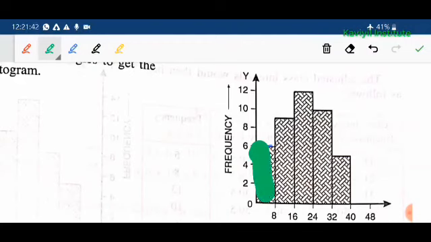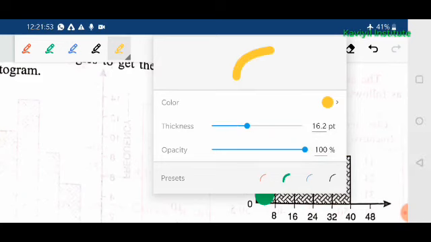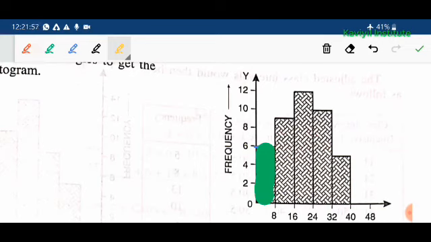A particular class is over, and when it comes to another class, the second one is 9. The speciality you observe: 8, then 9 will be here, approximately in the middle, right? And we'll be drawing the 9 here in this manner.